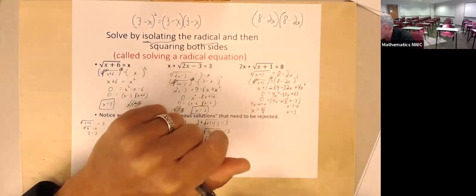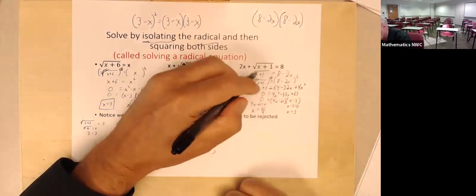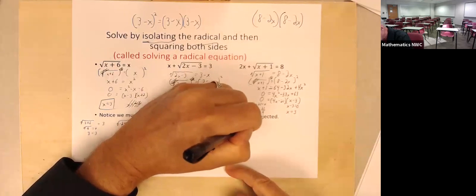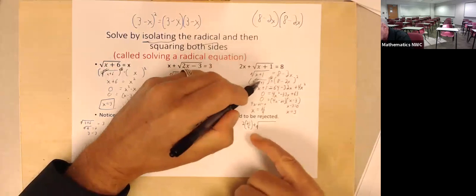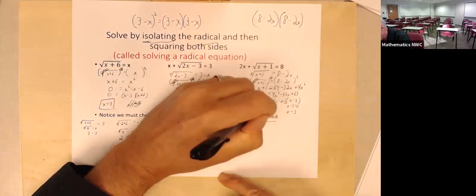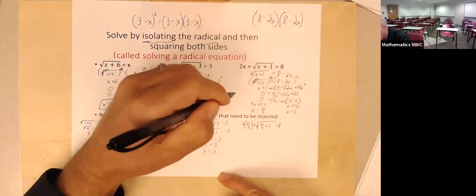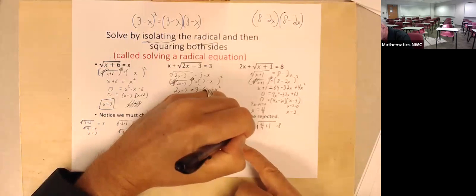It's a little involved in that process of checking them out, but let's go ahead and do it once. So I have 2 times 21 fourths plus the square root of 21 fourths plus 1 is equal to 8. This will cancel here. 2 will cancel into there twice.